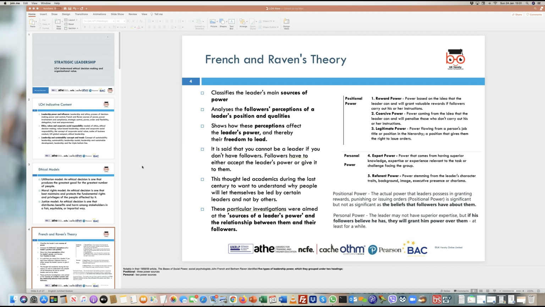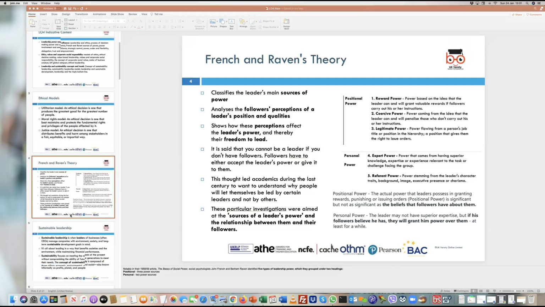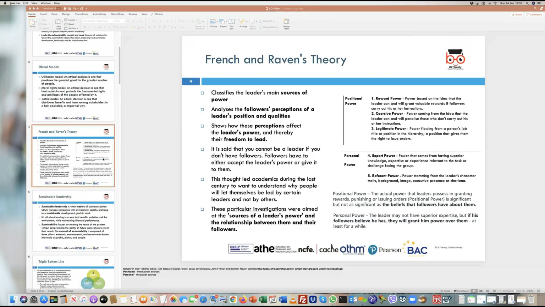So at this stage, what I want you to understand is that this is the power and influence framework, and leadership typically uses it, knowingly or unknowingly.